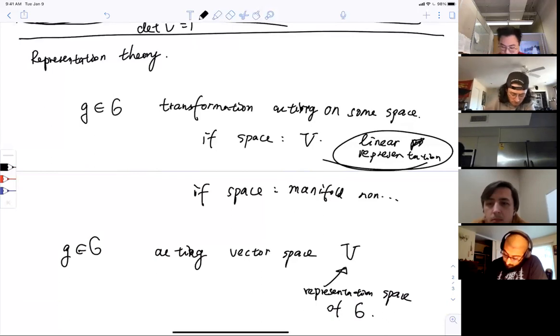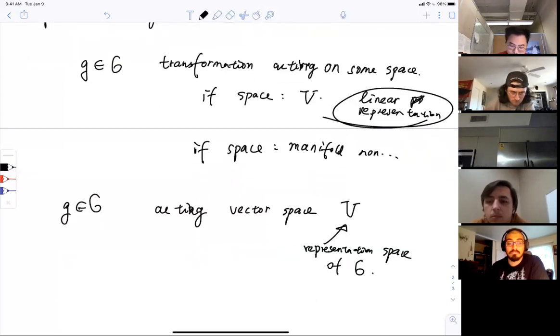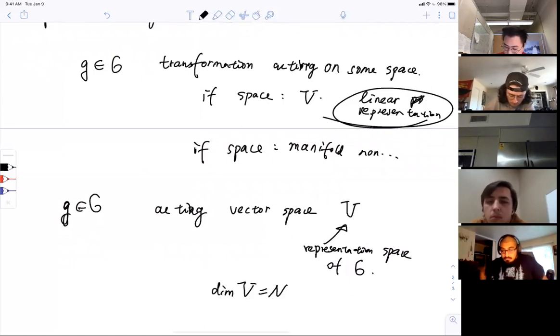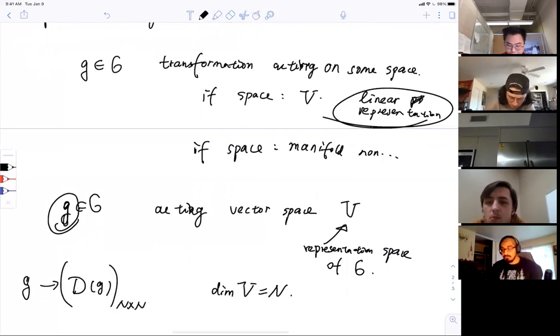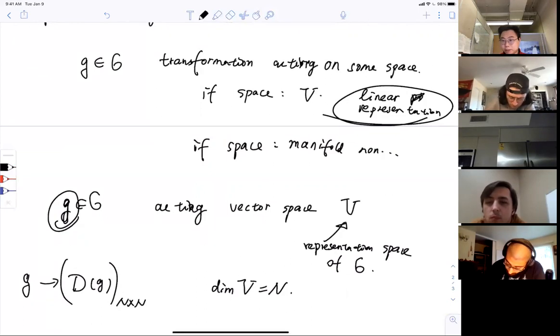G. Now, because your group element is acting on the vector space, assuming the dimension of this vector space is n, then this element will correspond to an n by n matrix, right? This is very natural.